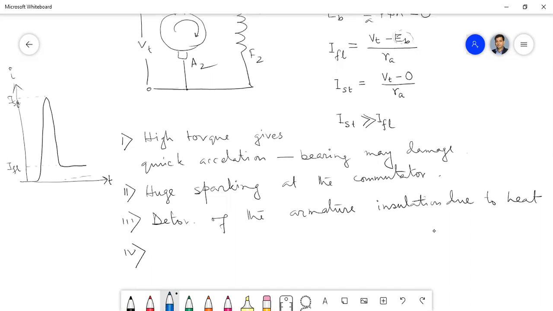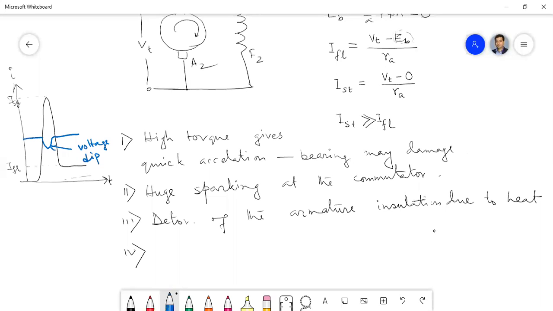Suppose I draw this, suppose this is the steady state voltage of the line. So during this period, there will be a voltage drop in the line which is called the voltage dip. Voltage dip.